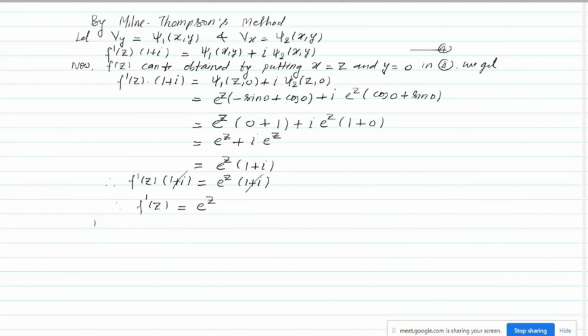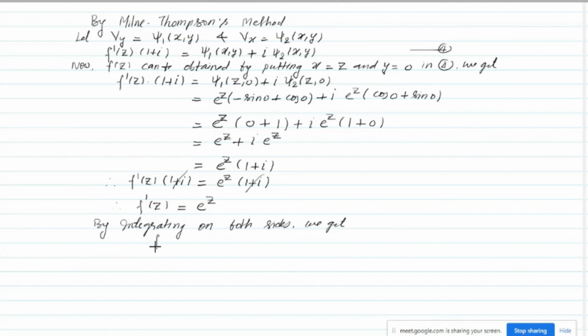So by integrating on both sides, we get, if you integrate here, the derivative will disappear.